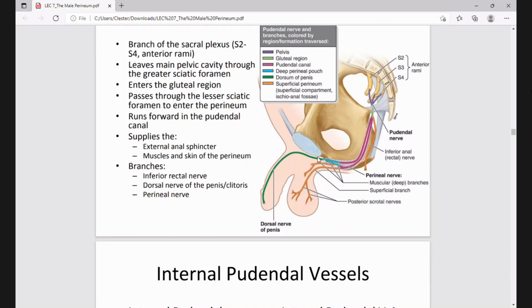The other branches of the pudendal nerve in the male are the dorsal nerve to the penis, the perineal branches, and the posterior scrotal nerve to innervate the posterior half of the scrotum. We'll discuss the scrotum later. The pudendal nerve is also the nerve supply to the external anal sphincter and to the muscles found in the perineum, such as the ischiocavernosus, bulbospongiosus, etc. And these will be the branches.